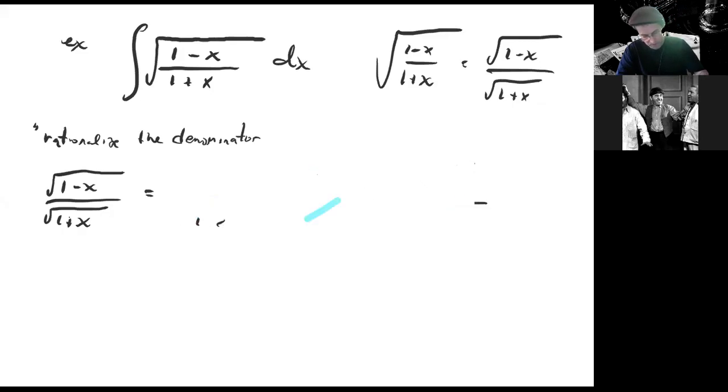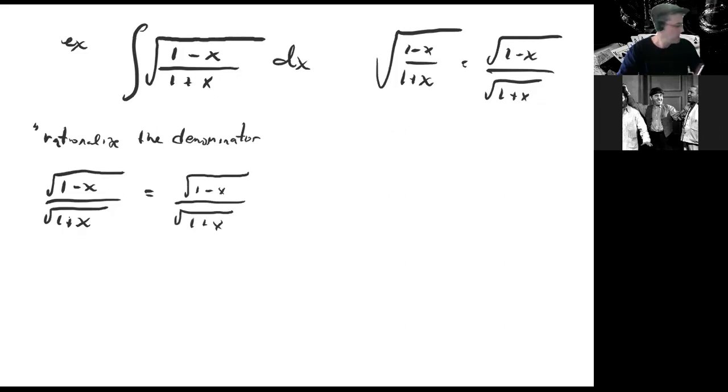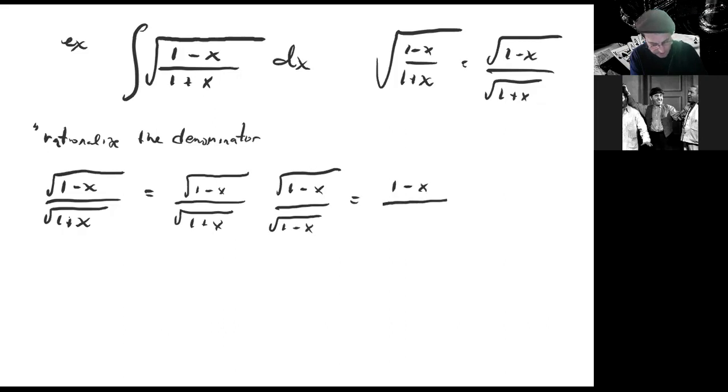I'm going to change the expression in the following way. I'm going to think of this as the square root of 1 minus x over the square root of 1 plus x, and then multiply both top and bottom by the square root of 1 minus x. Then this becomes 1 minus x in the numerator, and the bottom is the square root of 1 minus x squared.